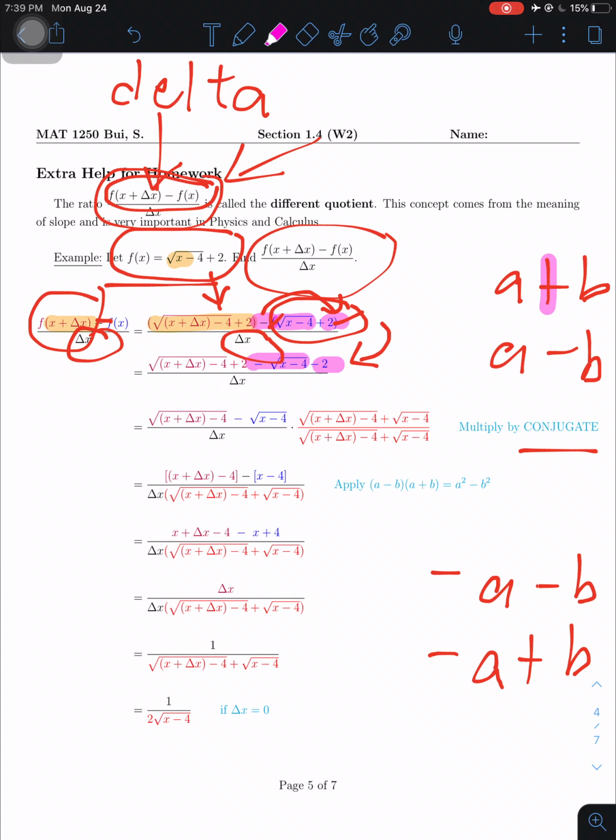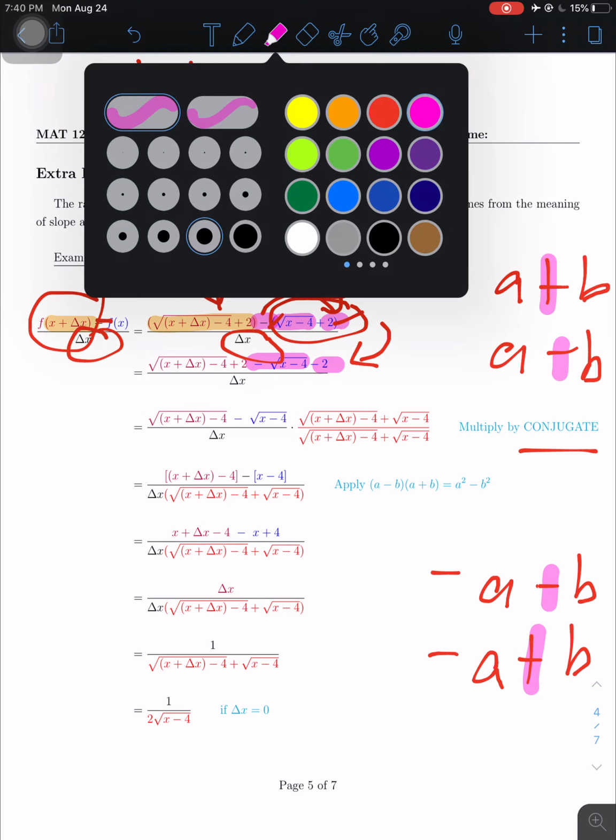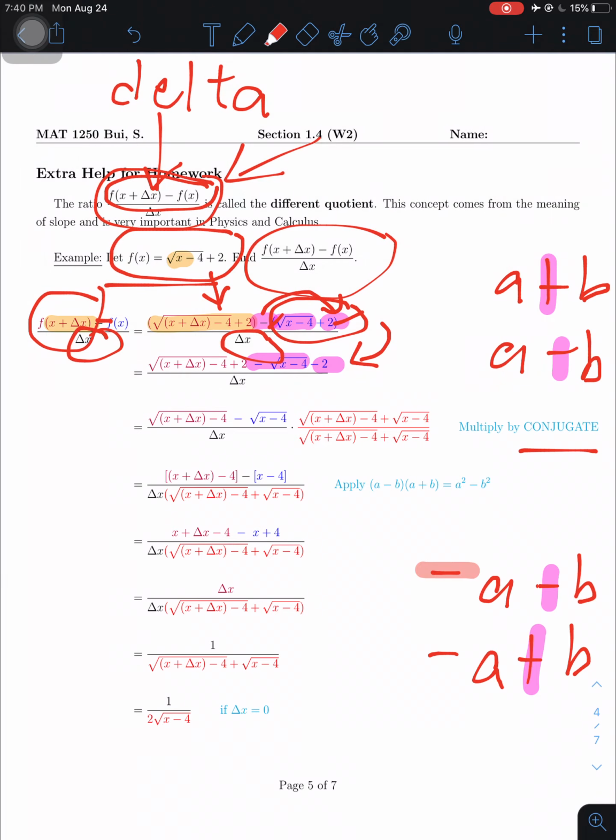If this is plus, then this is negative. If this is negative, then this is plus. We're not going to touch any other sign, because it's not in between the two terms. Conjugate is just about the middle sign. Whatever sign you have in between the terms, we change it. Anything else, we keep.